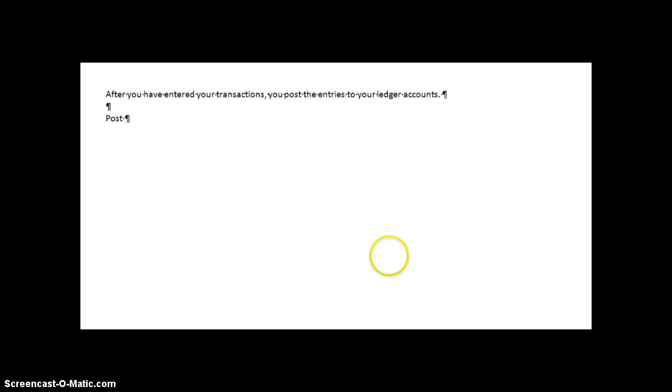Post the debit part first. Go to the ledger account and enter the debit entry.